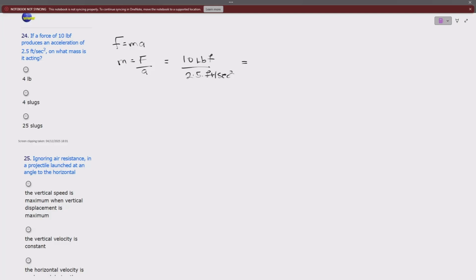When you divide 10 by 2.5, you are going to get 4 slugs. For some of you who don't know about slugs, one slug is approximately 14.6 kilograms. But in the options given, you couldn't see any kilogram in it, so you go for slugs.